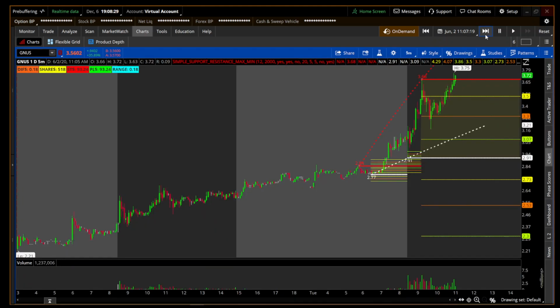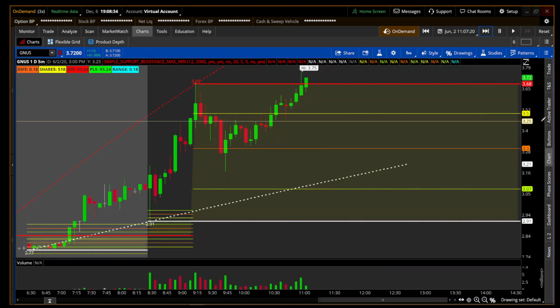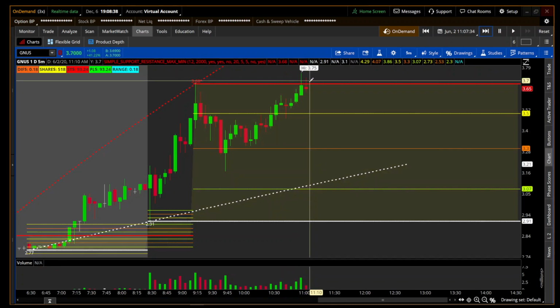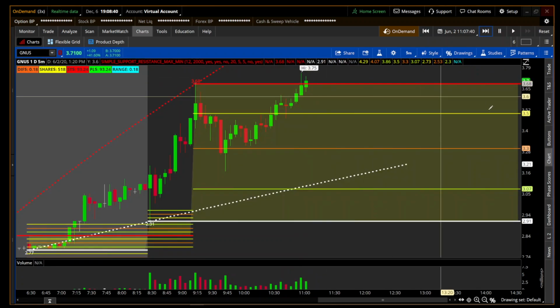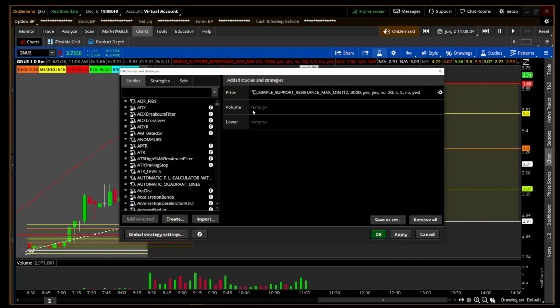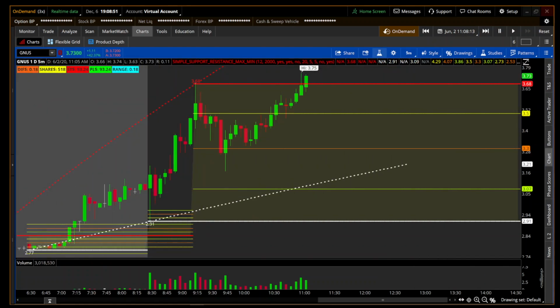I'm going to keep pushing forward. Had a little trouble getting above that day high right there. Once it got above, it's having a little trouble, just like it normally would. Buyers really have to step in to push this up. I'm going to put on the Bollinger Band unbalanced volume.